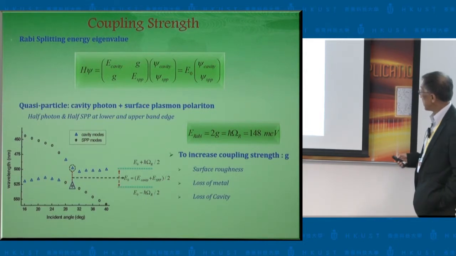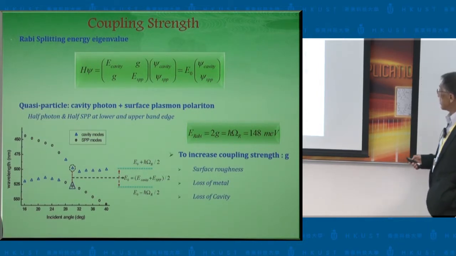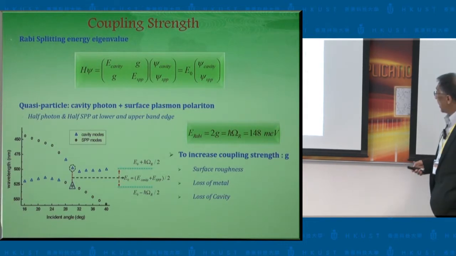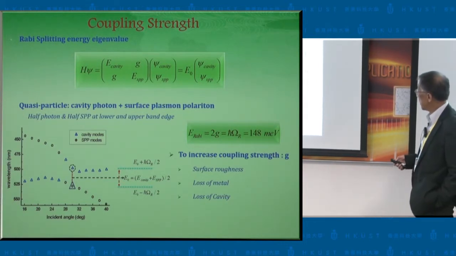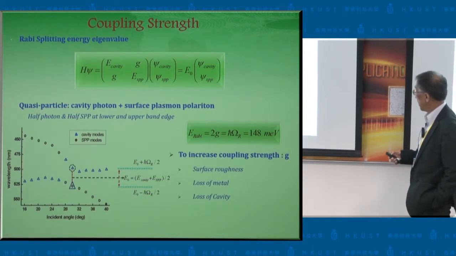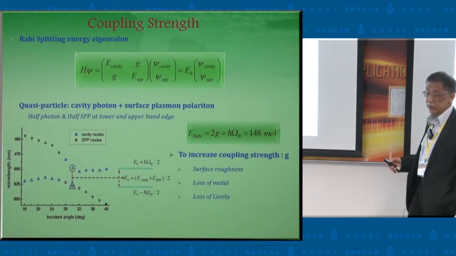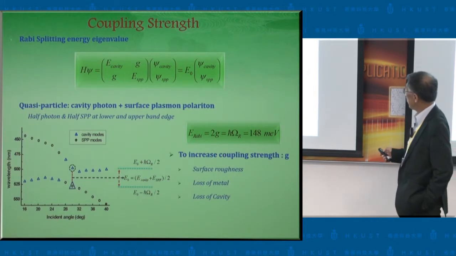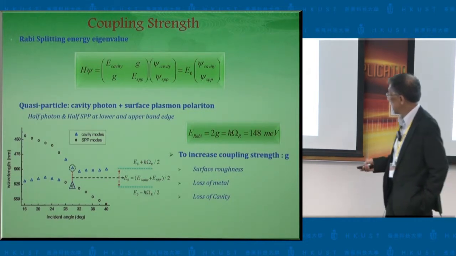For example, the surface roughness of the film will increase the scattering and you will lose the coherence. And then you have the loss at the metal surface and also loss within the cavity itself. All this can contribute. So if we can minimize all these three parameters, then it is quite possible that we can increase the coupling, the split itself, even bigger.